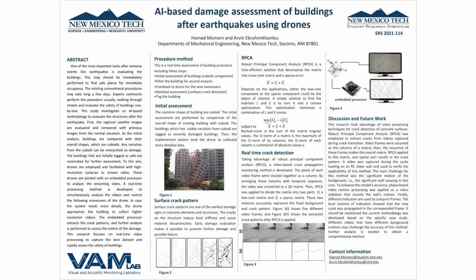As a hand calculation, we have 80 million data points, I mean pixel values, but robust principal component analysis can analyze each frame in real time. Then the embedded processor can decide whether it needs more data or not. If that's enough data, it can tag the building.